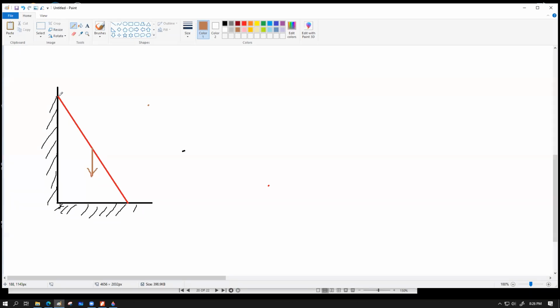So there's the first information I need you to visualize, that if this ladder starts to get closer to the ground, or if it falls towards the ground, that top end is gonna rub against the wall and it's gonna start to fall downwards, and this bottom end is gonna rub against the floor and it's gonna slowly move to the right. This is gonna happen. Now, why is this important for us to understand? First thing first, if both of these surfaces are rough, they will try to work against motion.